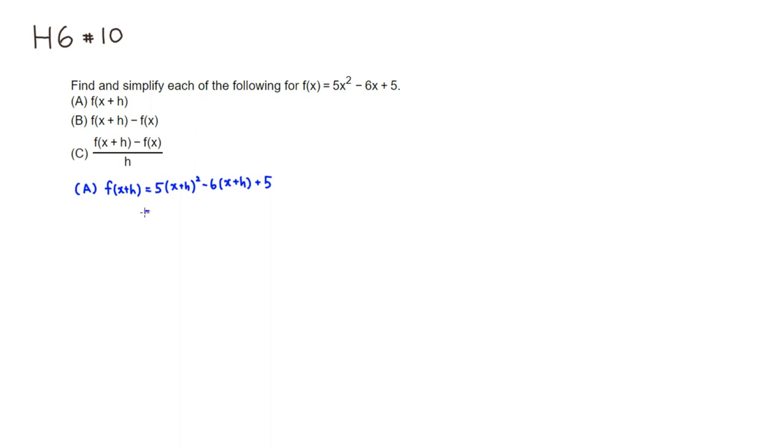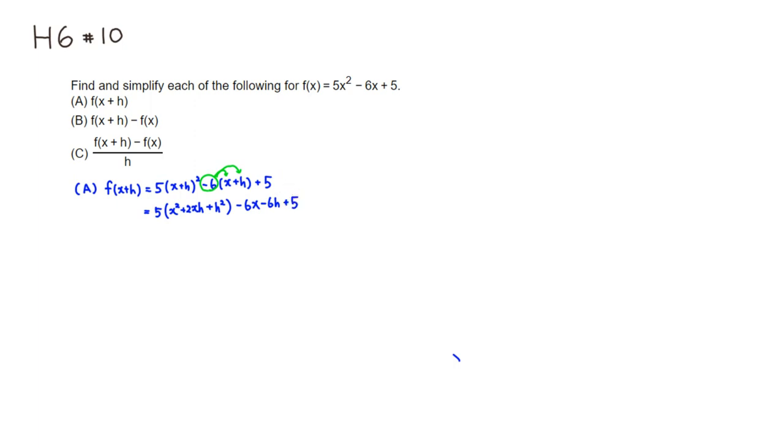First we have 5 here. x plus h squared would be x squared plus 2xh plus h squared. Then we can distribute negative 6 to x and h, so you have negative 6x minus 6h, and then plus 5.